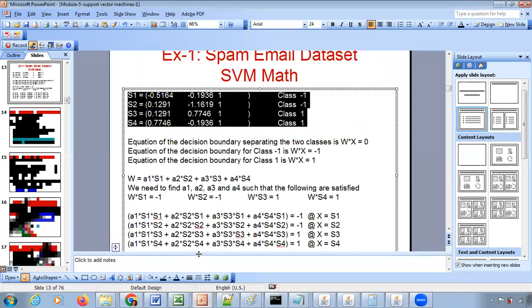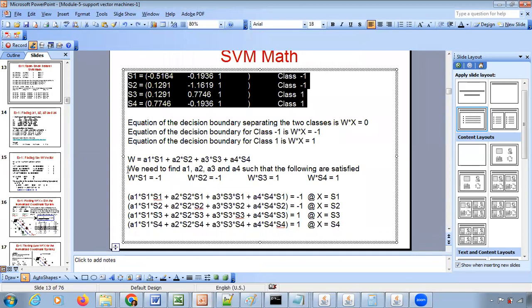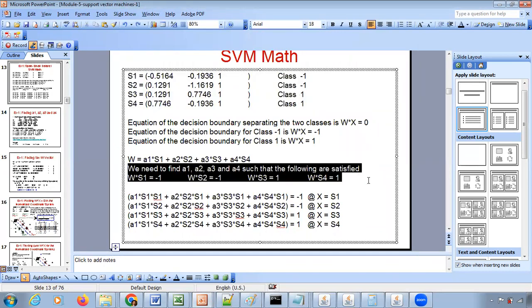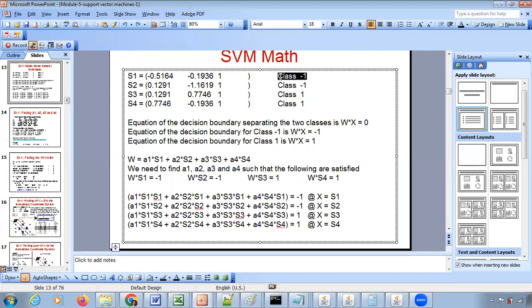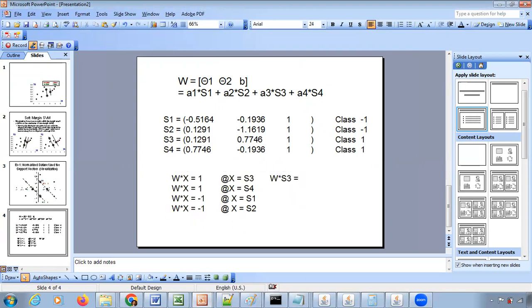So as I mentioned, we need to find A1, A2, A3, A4 such that the following four equations are satisfied. W times S1 equals -1. W times S2 equals -1. W times S3 equals 1. W times S4 equals 1.